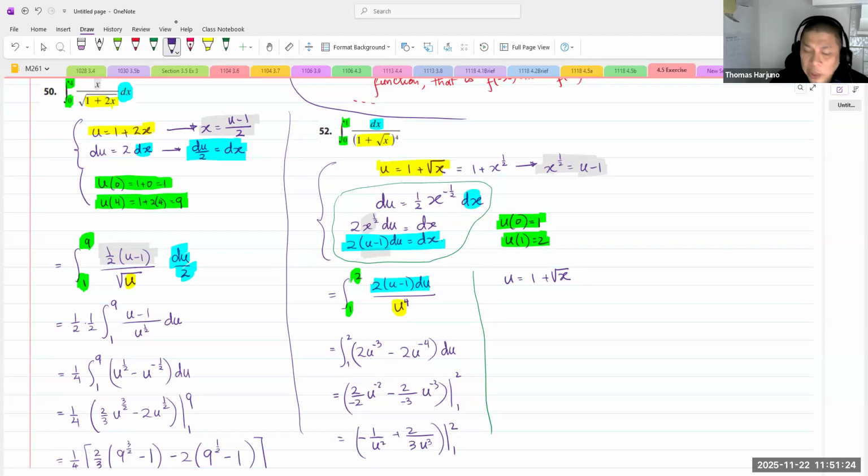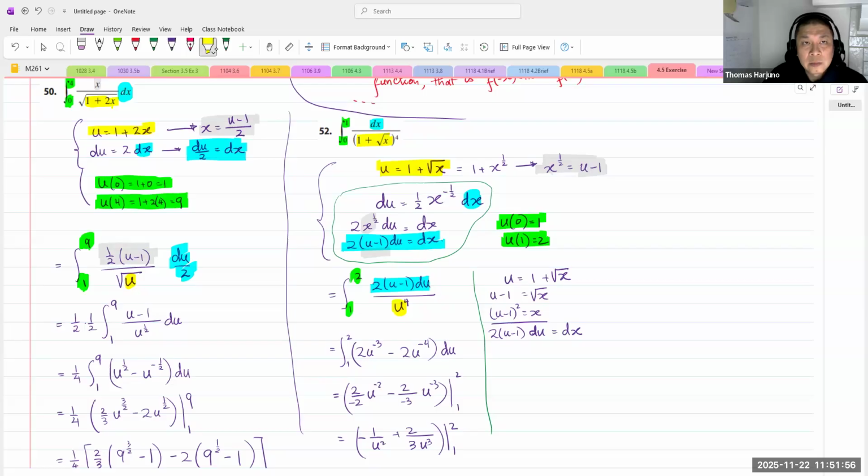What we usually do, we differentiate from here, but it's actually doable another way. We can solve for x first. u minus 1 equals the square root of x. So (u minus 1) squared equals x. Then from here we differentiate. So 2(u minus 1) times the derivative of u minus 1, which is 1, du equals dx.